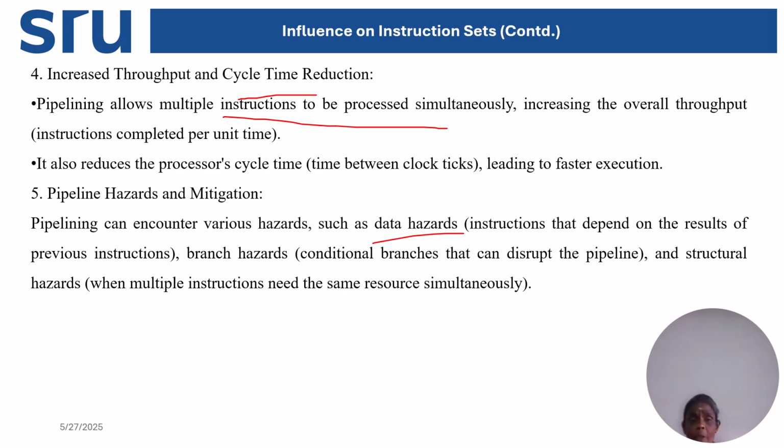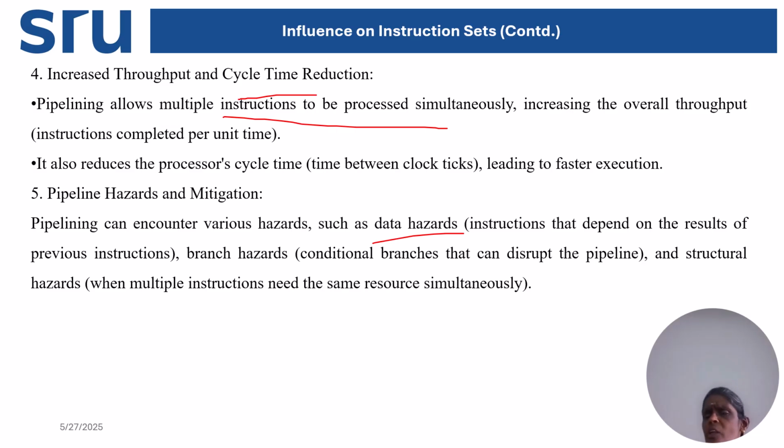And second one, branch hazards. Suppose an if condition or a subroutine occurs, and the controller branches to some other memory location for performing a subroutine task or interrupt task, then it is known as a branch hazard.